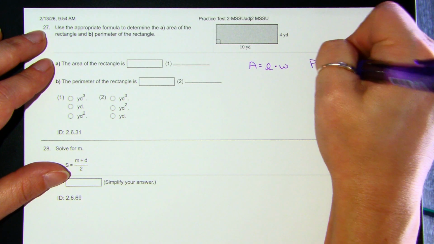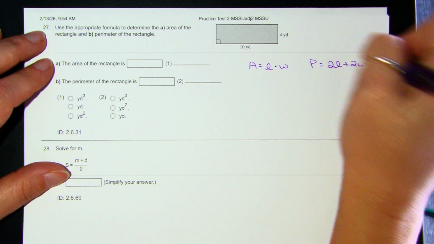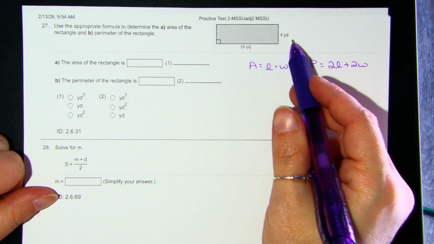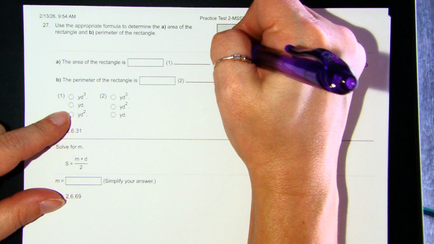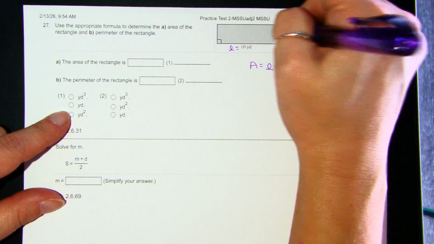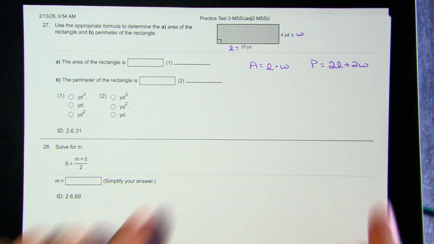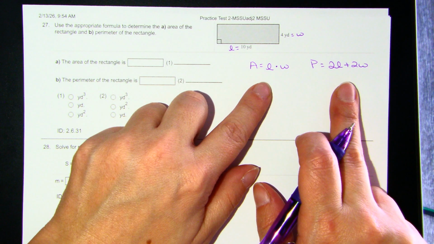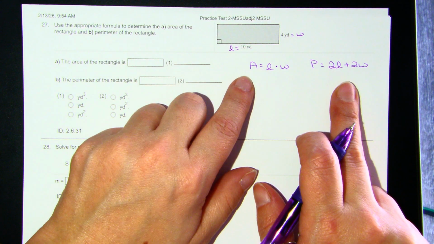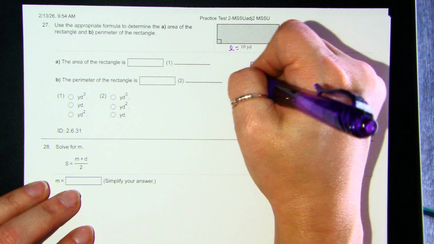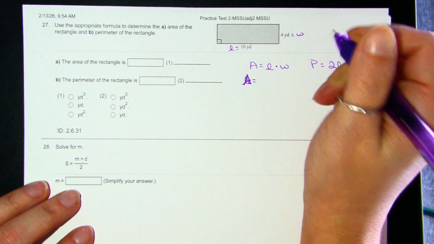So then it becomes plug and chug as long as you know your formulas. It's asking for area first, so we're going to do length times width. Length, as I noted up here, is 10. Whoops, that should be an A. Length is 10, width was 4, so my area equals 40. Now, this box is a drop-down where it gives you yards cubed, yards, and yards squared.